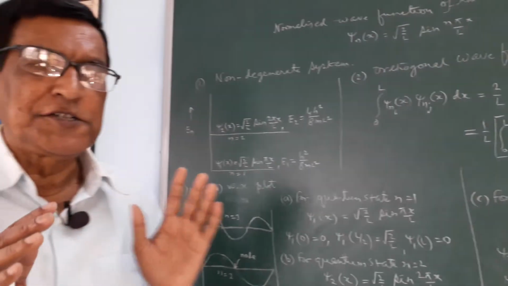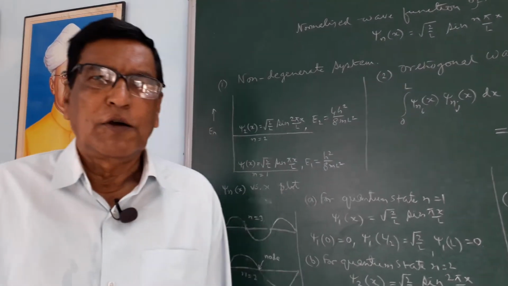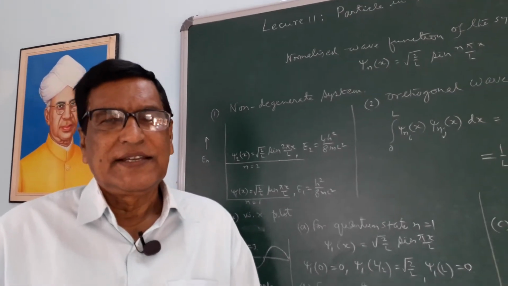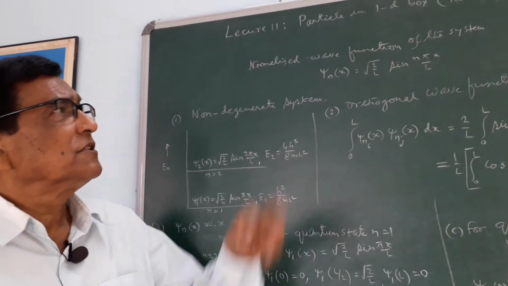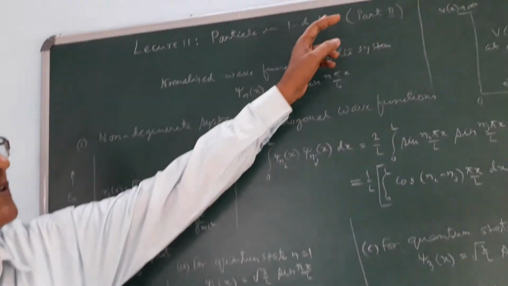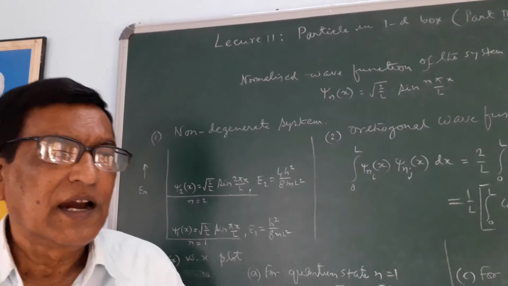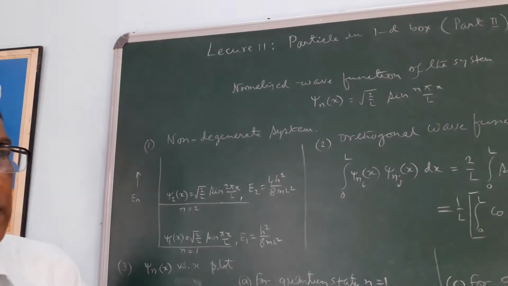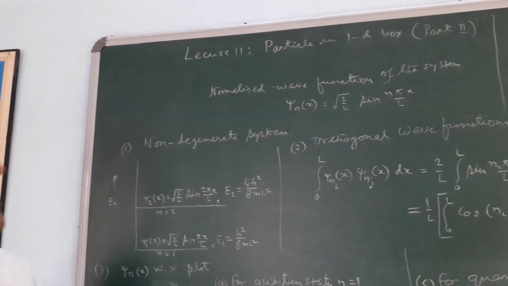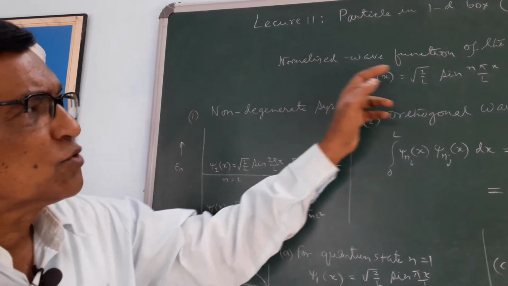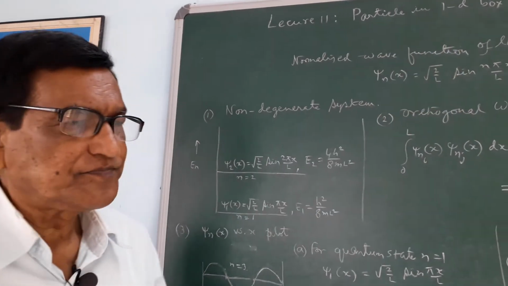In the discussion of my lectures on quantum mechanics, in continuation of the particle in a 1D box, part 2, lecture 11, I shall try to give emphasis on these comments for the normalized wave function of the system.